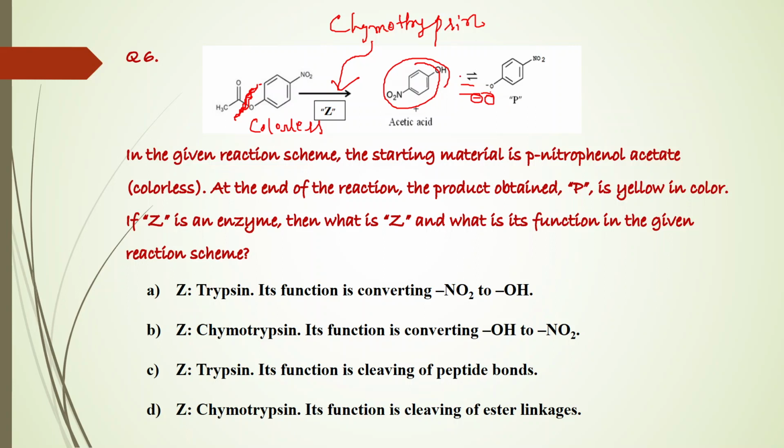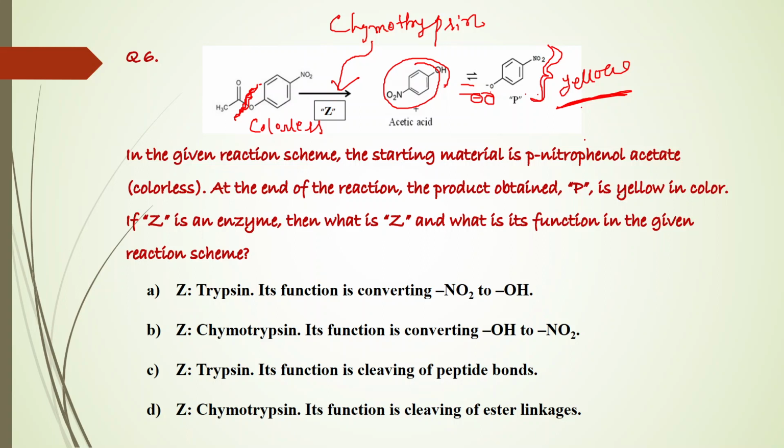Whenever this deprotonation takes place, the deprotonated para-nitrophenol has a distinct yellow color. By generation of this yellow color, you can check the activity of chymotrypsin.